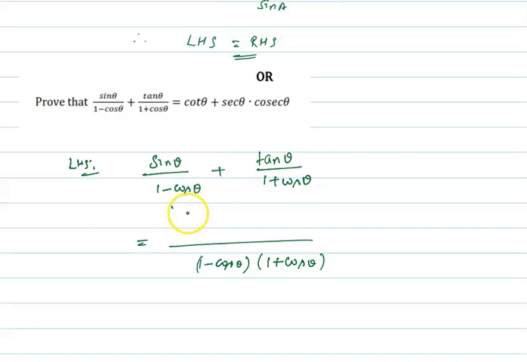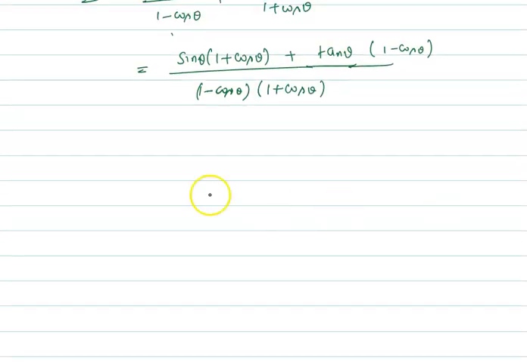So here I am going to get sin theta into (1 plus cos theta) plus tan theta into (1 minus cos theta). So on simplification this gives sin theta plus sin theta cos theta, and here tan theta.